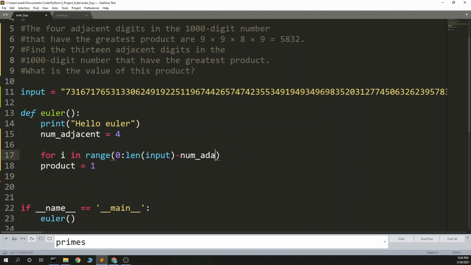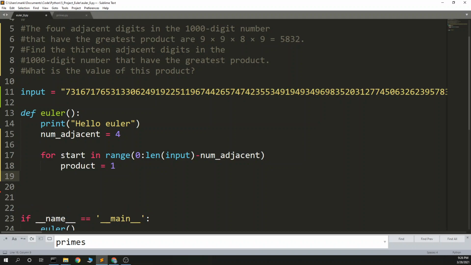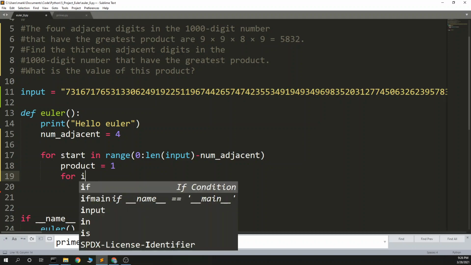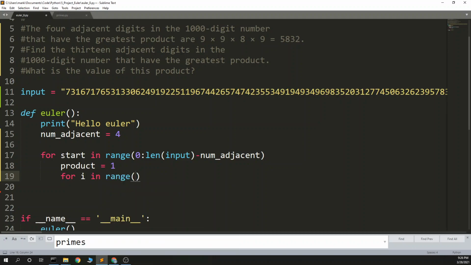So this is 4. Then we aren't going to go to the last one. We'll make that the start. That gives 1, 4. Then for i in range num adjacent.